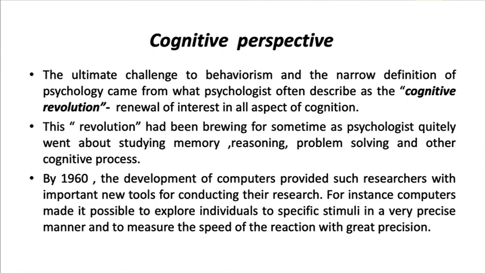By 1960, the development of computers provided such researchers with new tools for conducting their research. For instance, computers made it possible to expose individuals to specific stimuli in a very precise manner and to measure the speed of reaction with great precision.